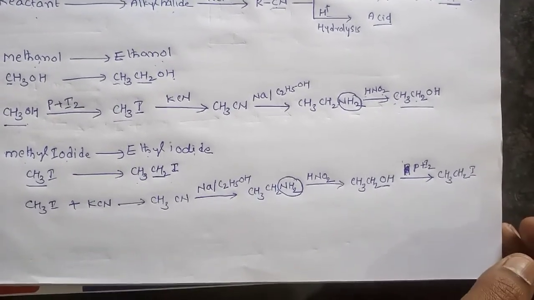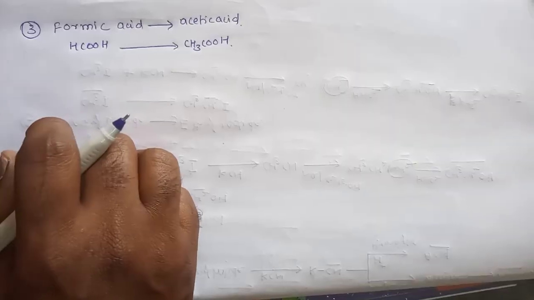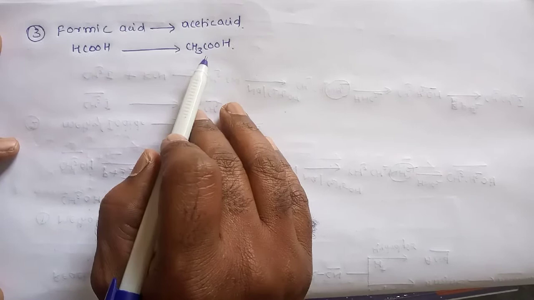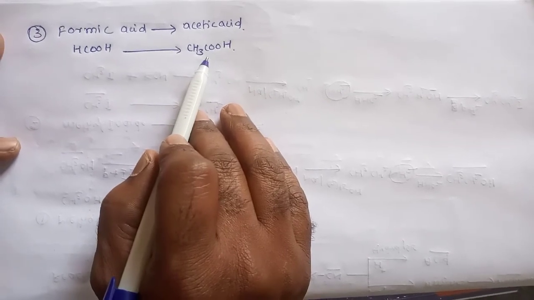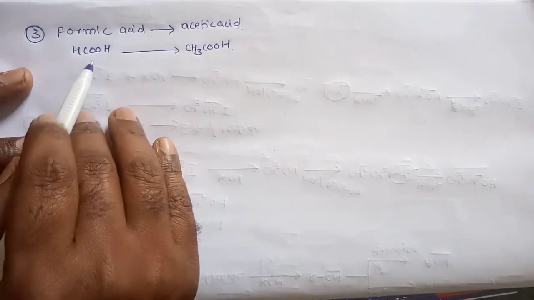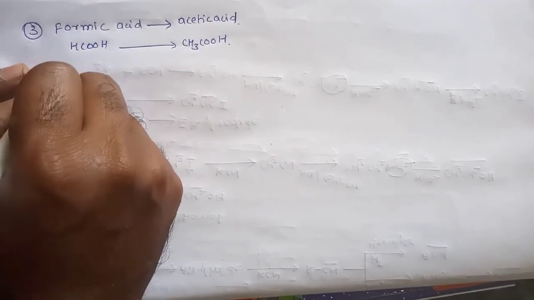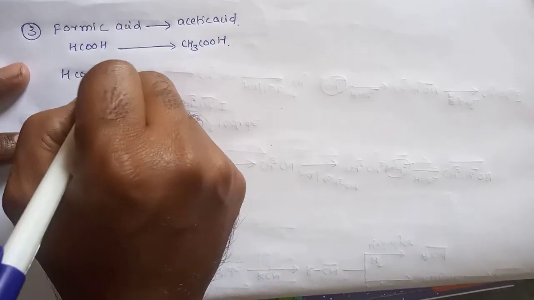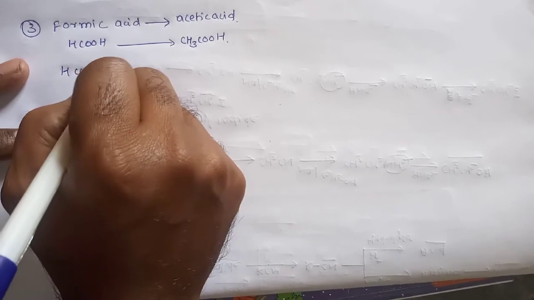Okay, next example. Here, in the third example, formic acid is converted to ethanoic acid or acetic acid. So first this reactant has to be converted into alkyl halide. HCOOH is very difficult to convert into alkyl halide in a direct step. So we need to follow one more step here, that is a reduction step.